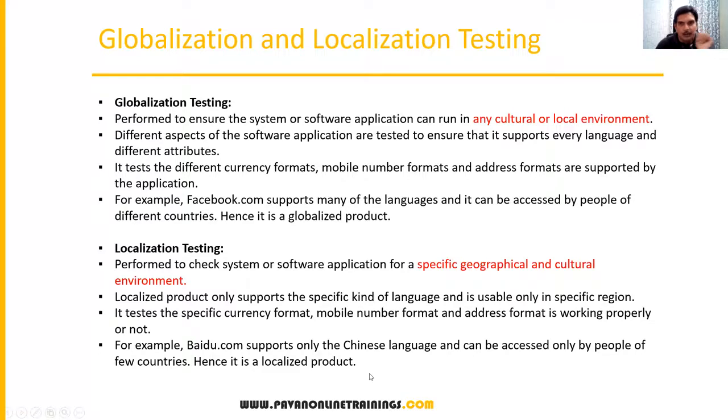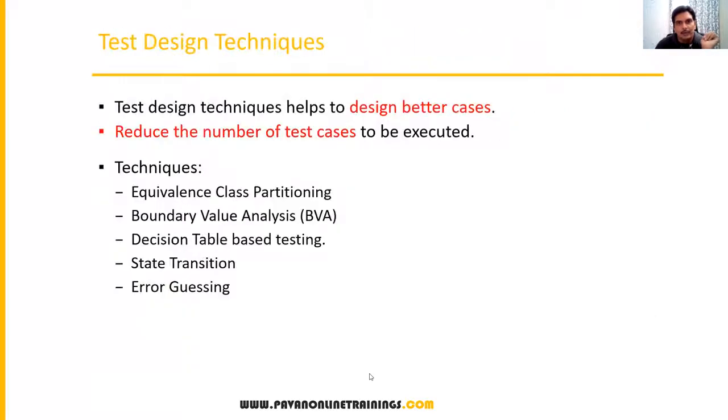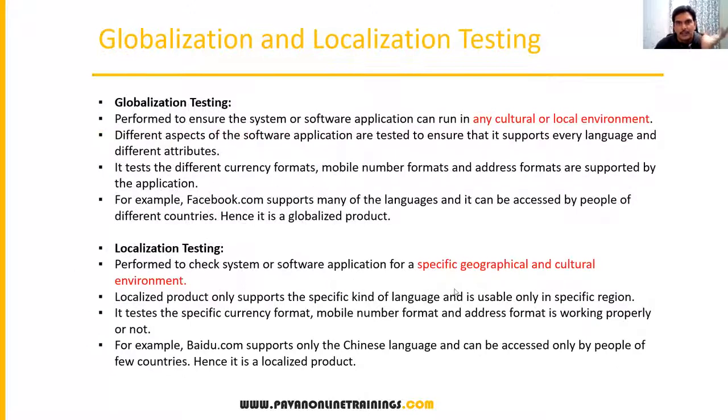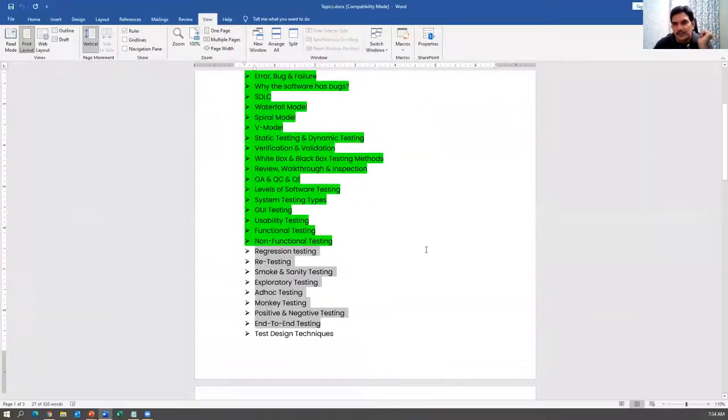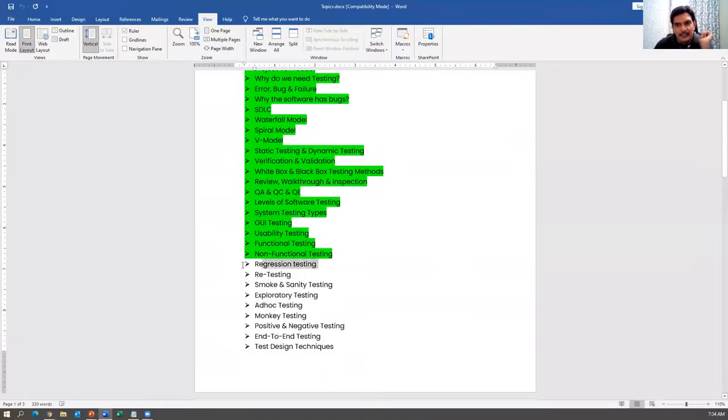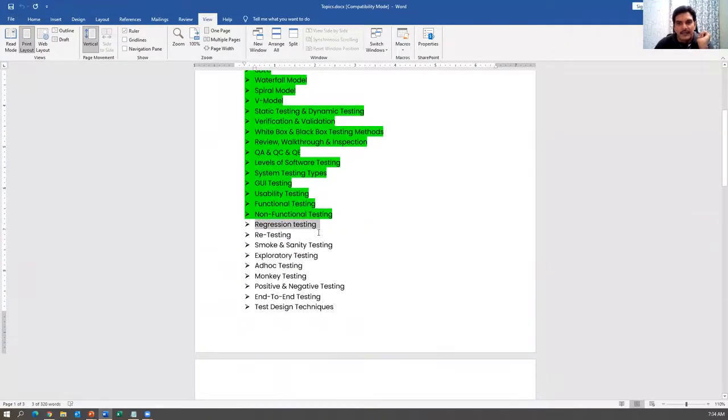Okay, that's it, guys. These are all different testing terminologies, and from the next session we are going to see different testing techniques. What we have covered in today's session is what is regression testing, what is retesting, and the differences between regression testing and retesting.